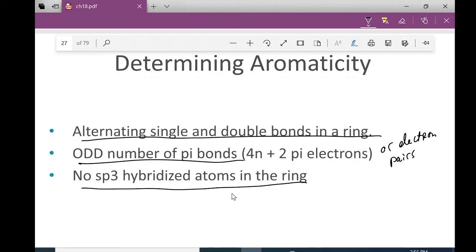We have to have a full ring of sp2 hybridized atoms, or a full ring of overlapping p orbitals would be a better way to say it, in order for a molecule to be aromatic. If we have any breaks in that pi system, it's not aromatic at all. It's not anti-aromatic in that case. It would be non-aromatic. We're going to look at some examples of that.